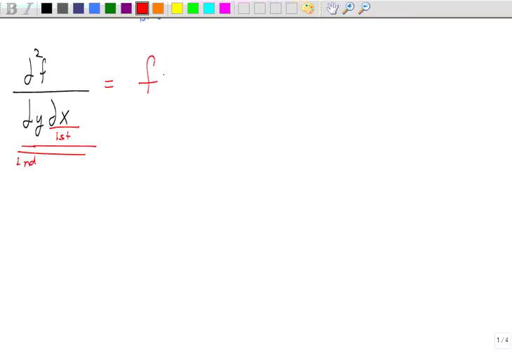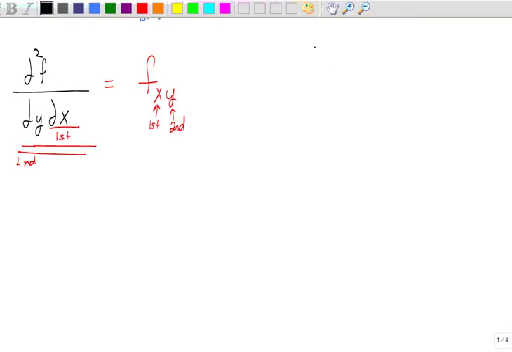Then we can do, so again, with respect to x is first, and this is second. We can also write this as f of xy, where this is first, and then you do y.